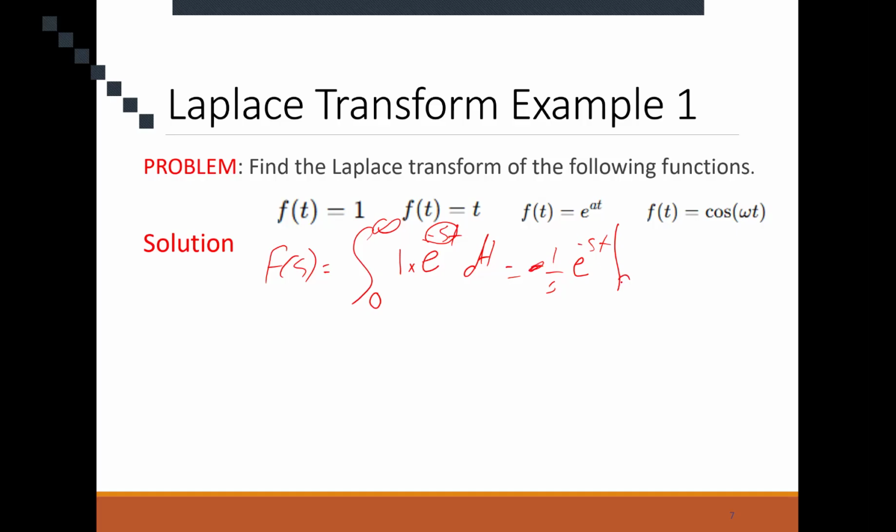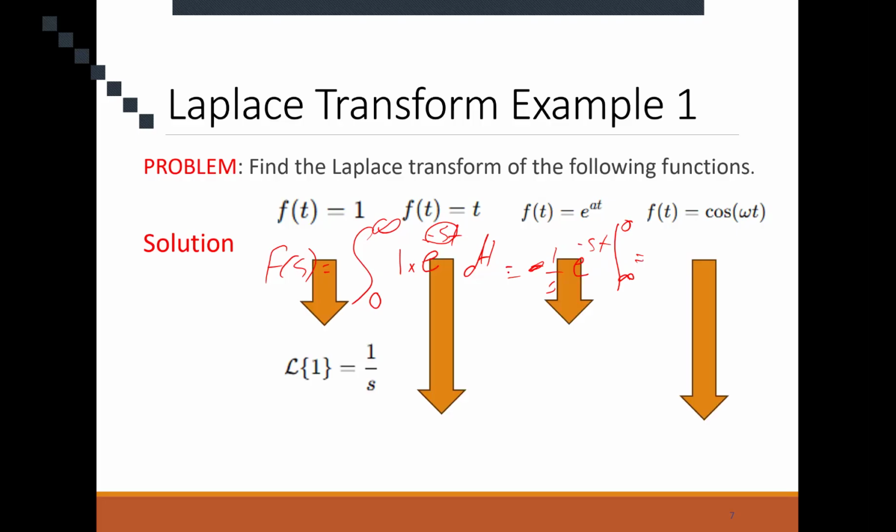You can get rid of the minus by swapping to infinity to 0. Make sense? Now, what is the infinity part? It is going to be 0. What is the 0 part? 1. So 1 over s. Make sense?